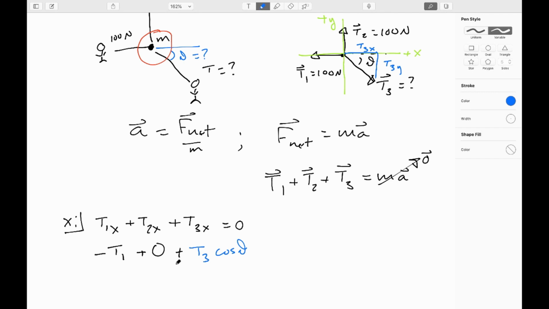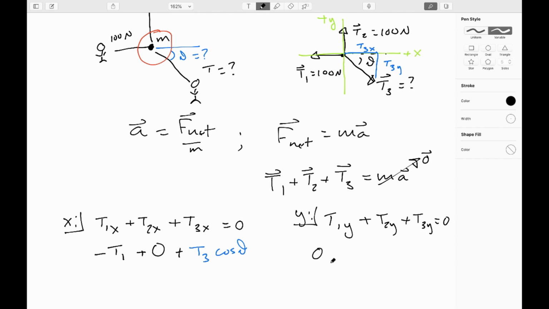Now let's go ahead and go over to the land of y and analyze the y components of the forces. So we start the same place. T1y plus T2y plus T3y equals 0. Now if I look at T1y, well, T1 is pointing entirely along the x-axis, so it has no piece in y.